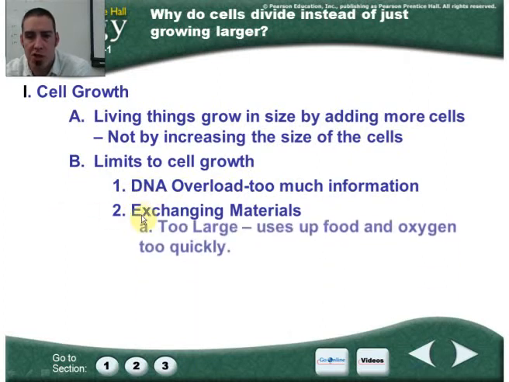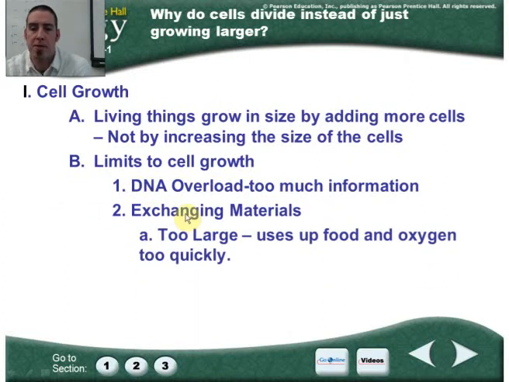There's a huge exchange of materials that happens, and natural diffusion can't occur in larger cells. So what we see is that cells tend to be between 5 micrometers and 500 micrometers for a large amoeba because of that material exchange and diffusion keeping up with that.